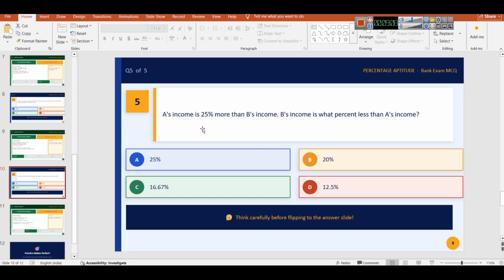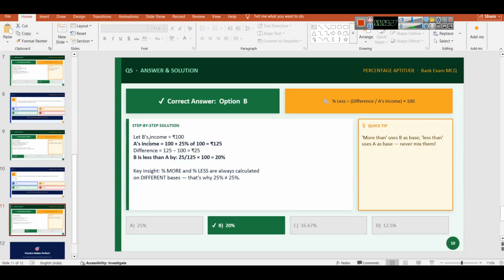So A's income is 125, B's income is 100. What percentage less is B's income than A's income? What percentage is 100 of 125? So let's say B's income is 100, A's income will be 125, a 25% increase.